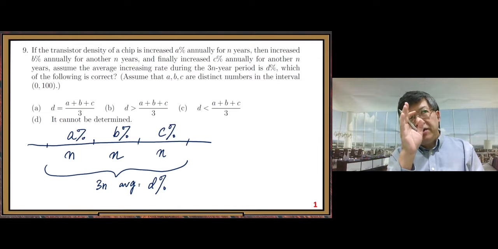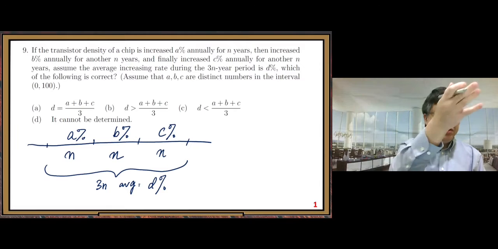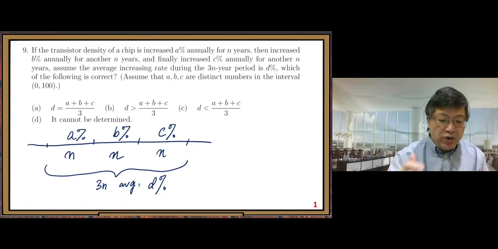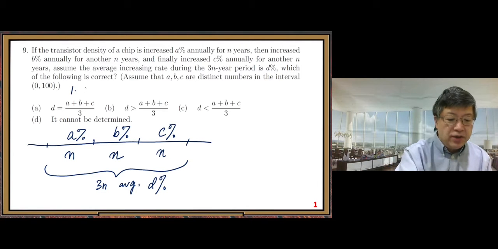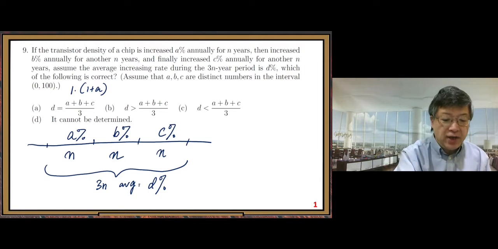In order to answer that question, when we start, we just use the standard formula. If we start with 1, the first n years, 1 plus A, we can drop the percent sign for simplicity, for n years.